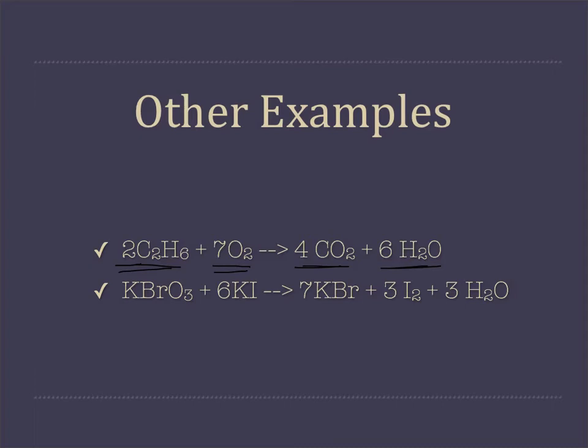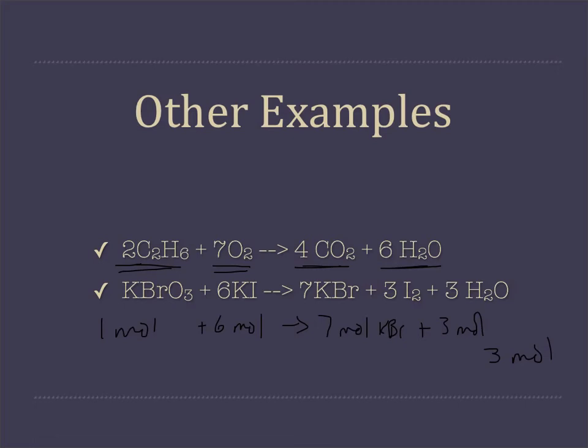So stop the video just a second and think through that next equation there. Hopefully you thought, hey, 1 mole or molecule, whichever one you wanted to think of, of KBrO3 plus 6 moles of KI gave you 7 moles of KBr, 3 moles of iodine, and 3 moles of water.